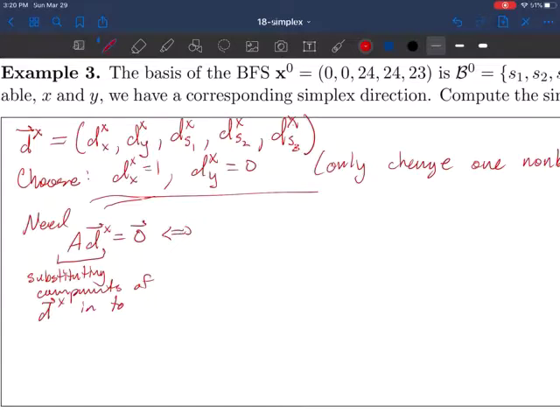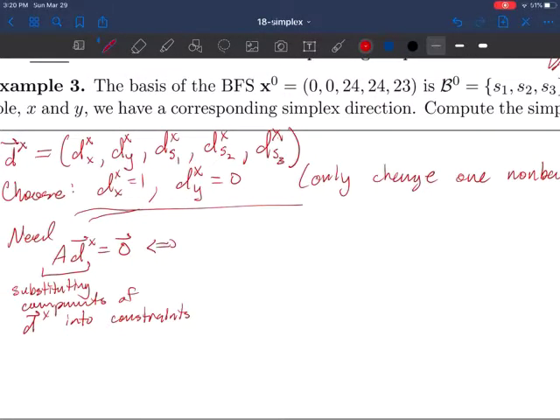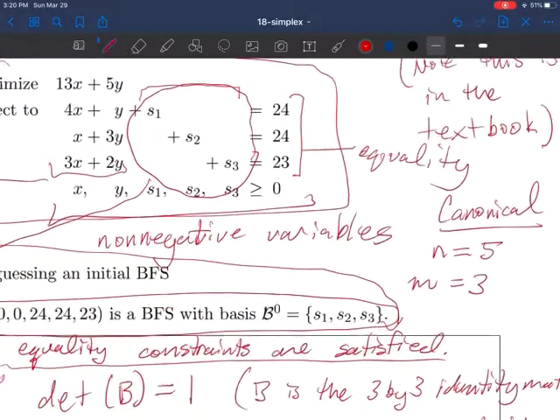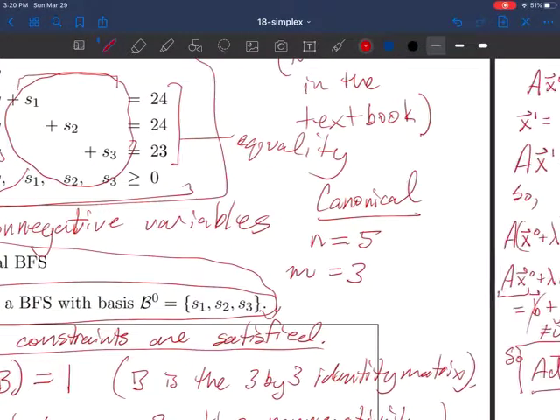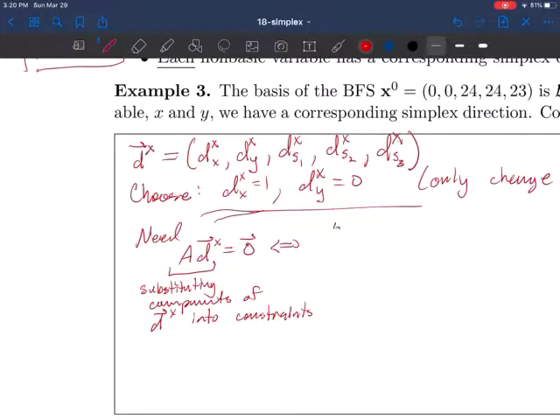Remember, that's what A dx, A times any vector, is: just the left-hand sides of all the constraints. Okay, so what is this? Well, I can just look back at the constraints here. And basically everywhere I see x, y, s1, s2, s3, I just put in these components that I have for this direction. So it's going to be 4.